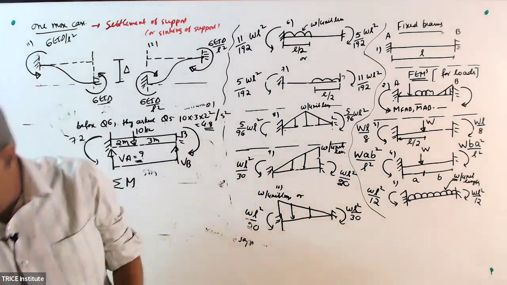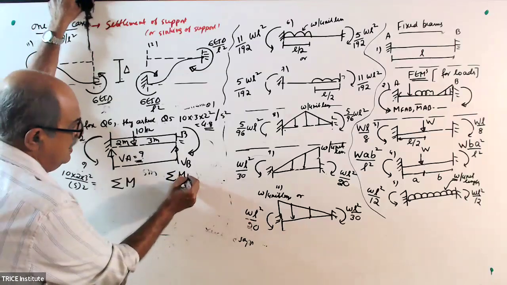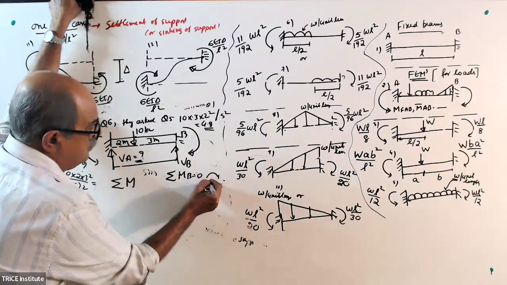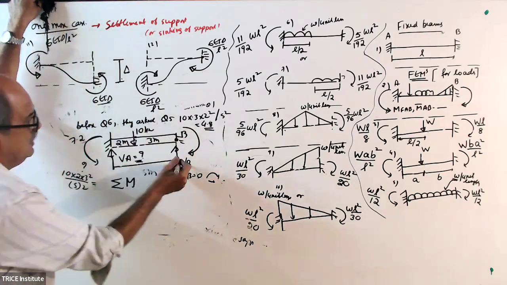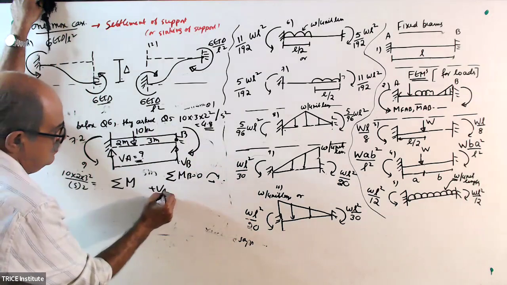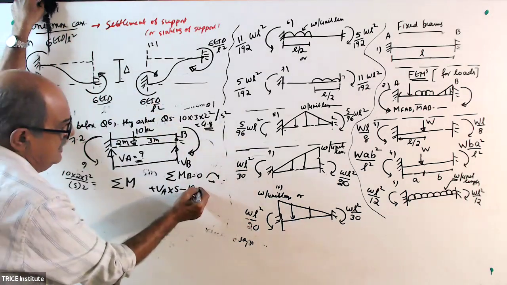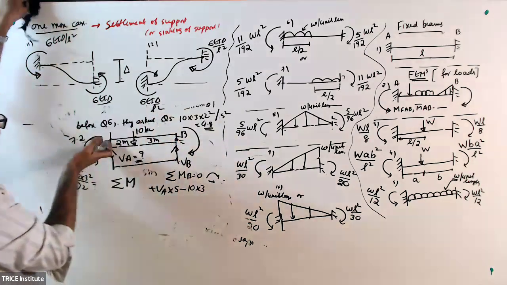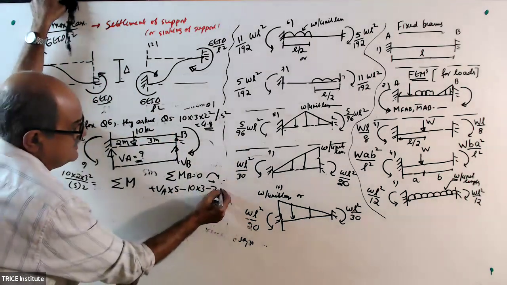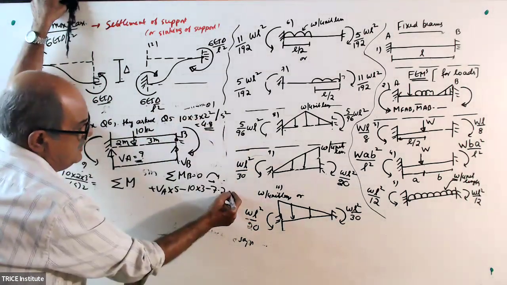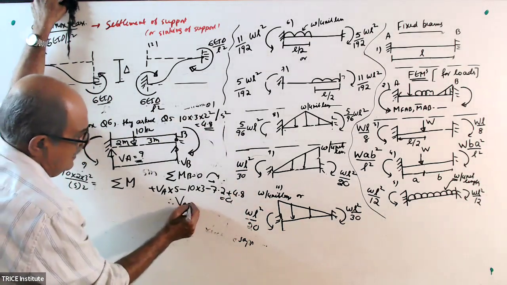If you want VA, take moment about B. Sigma M about B equals 0, taking clockwise positive. Moment about B: plus VA into 5, minus 10 into 3 anti-clockwise, then clockwise positive minus 7.2, no distance, plus 4.8, equal to 0. Therefore, you get the value of VA.